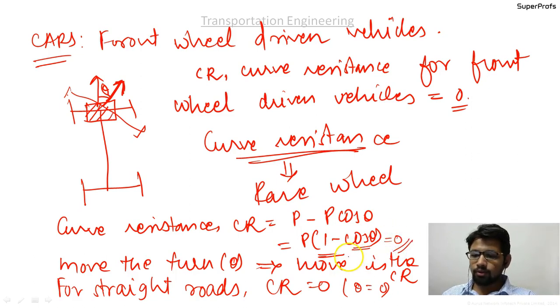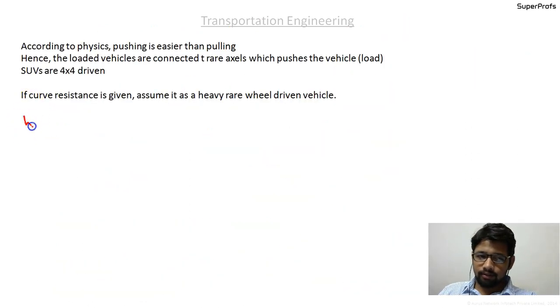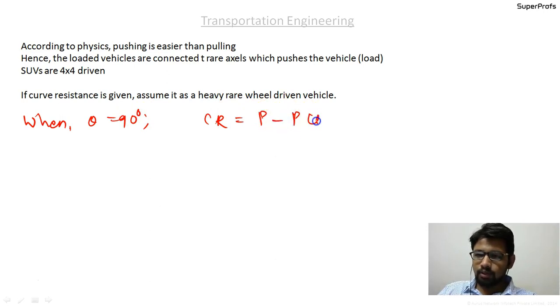Therefore, for straight roads, curve resistance equal to 0. And when theta equal to 90 degrees, curve resistance equal to P minus P cos of 90 degrees, which is equal to P minus 0 equal to P. That is, whatever power is generated by the engine is lost.